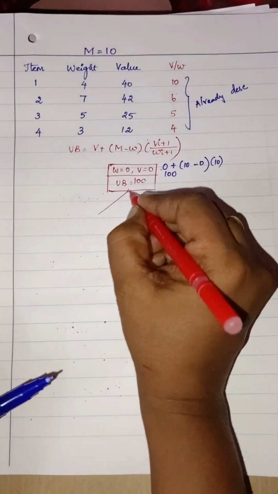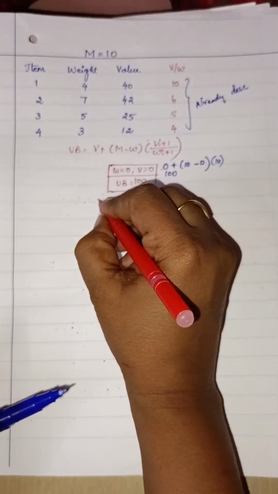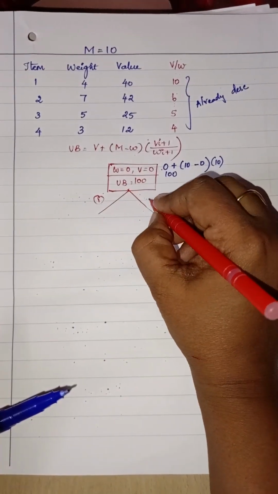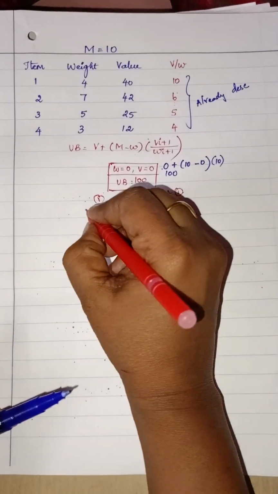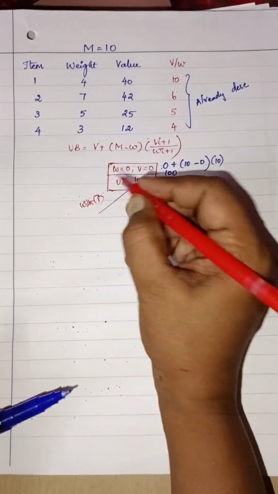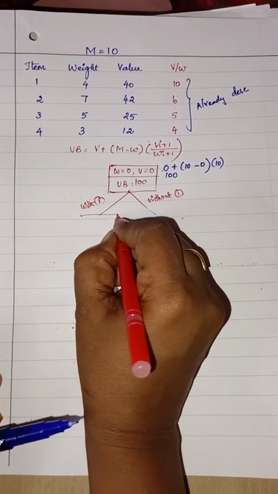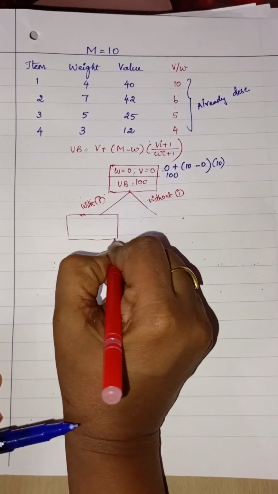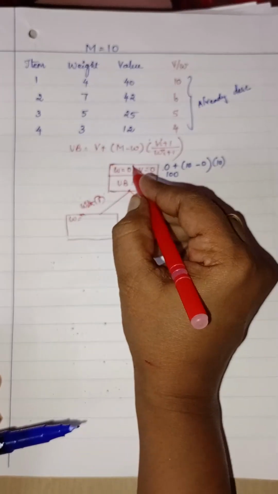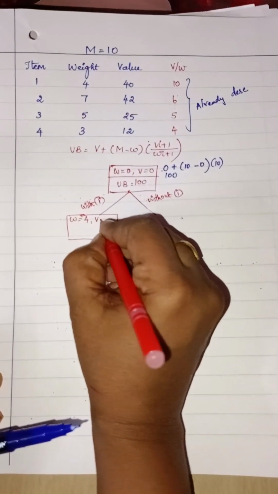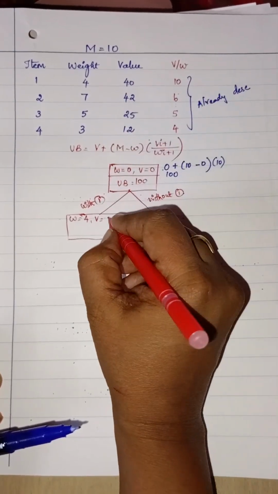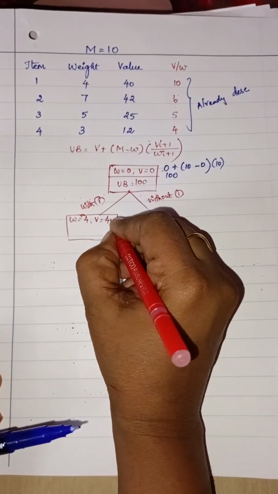Then I can include item 1 or go without item 1. So it is with 1 and without 1. When item 1 is added, W will become 0 plus the weight of the first element. It is 4. Value will be 0 plus the value of the first element. It is 40.